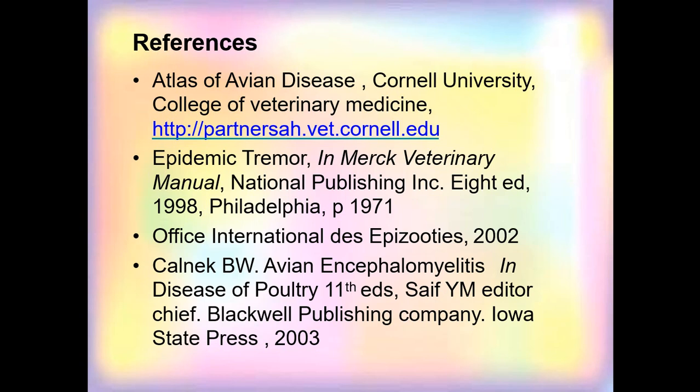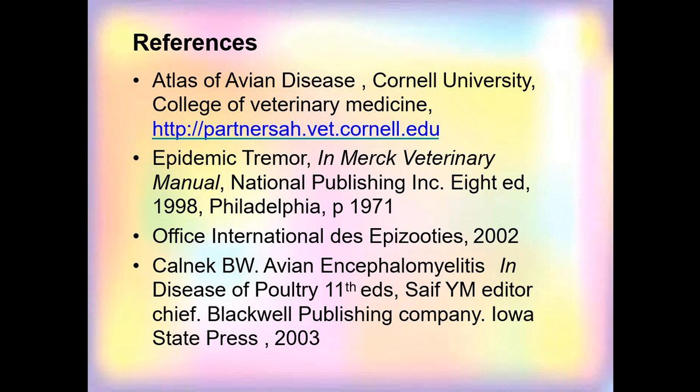In conclusion, the AE virus mostly affects young chickens, even from a very early age, due to the vertical transmission nature of this disease. In adult chickens, it shows non-specific signs, with some exception in cases of cataracts, but that's rarely found.